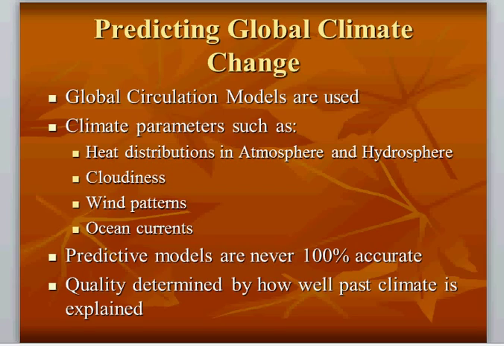And rainfall distributions and precipitation distributions are some of the most difficult things to predict. Okay? These global circulation models try and pull all of these different hydrospheric and atmospheric, all these different fluid dynamic models together to try and give a prediction on how global climate change will occur over the next 50 and the next 100 years.